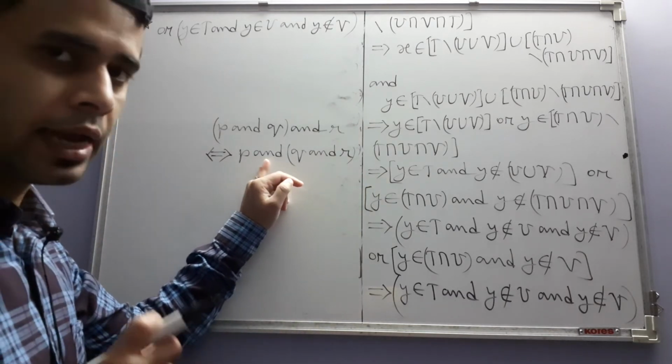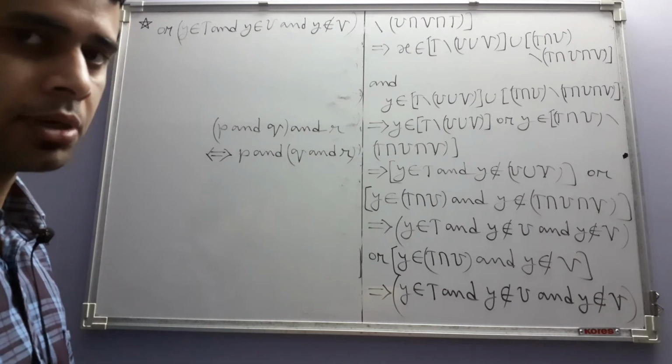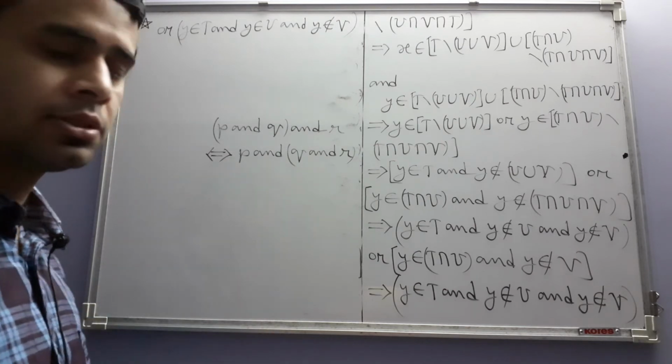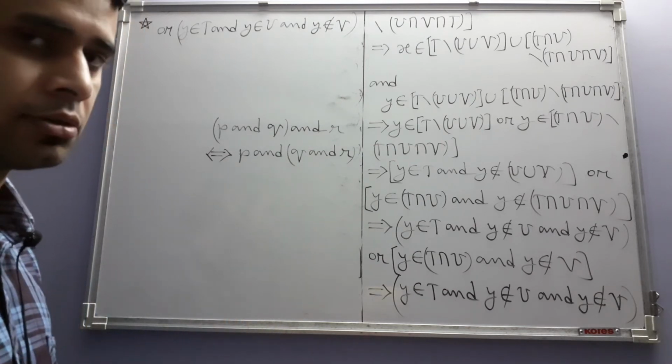When we use and to connect two statements to make a compound statement, we call the compound statement a conjunction, not disjunction.